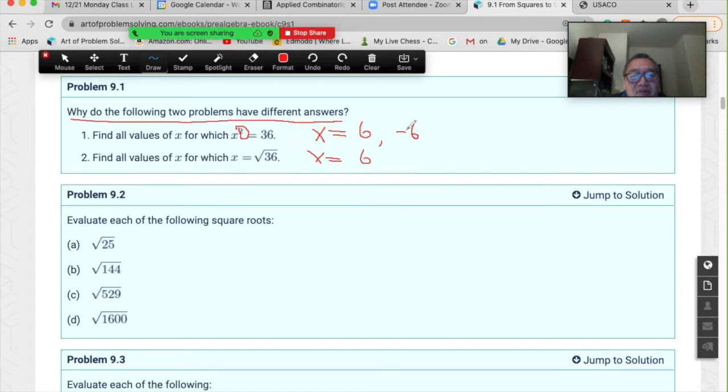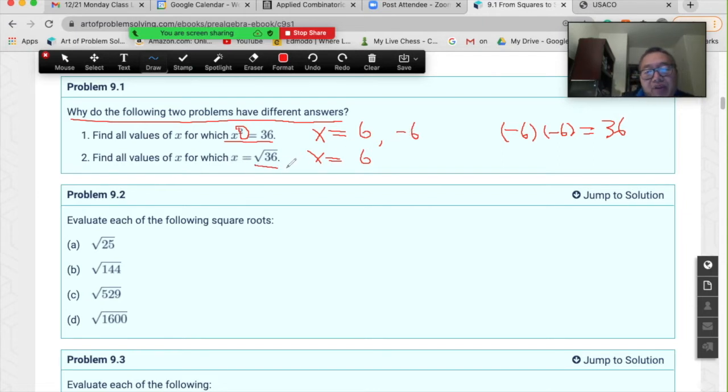Because when you square negative 6, that's negative 6 times negative 6, right? Negative times negative also gives you positive. This also equals 36. So for this equation, you have two solutions. Not only positive 6, you also have negative 6.